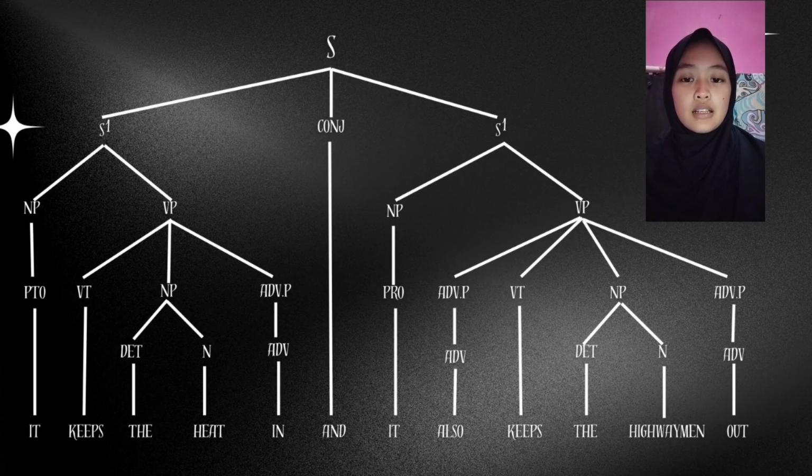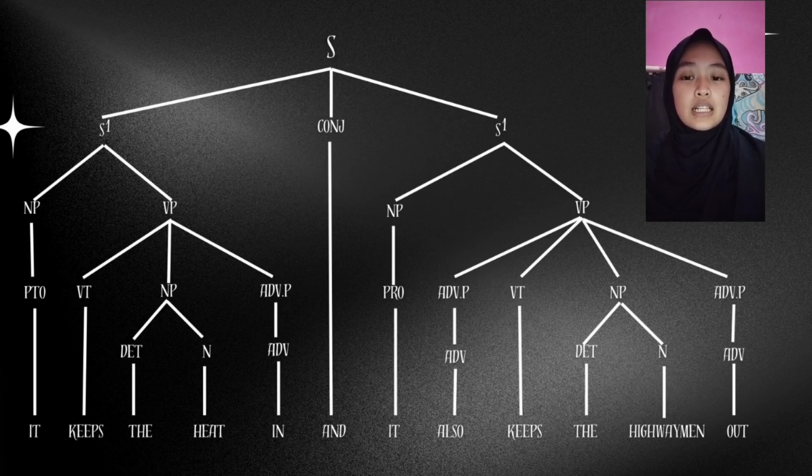And then the second S bar represents the second clause, it also keeps the highwayman out. This clause also begins with an NP or noun phrase containing the pronoun it as the subject.